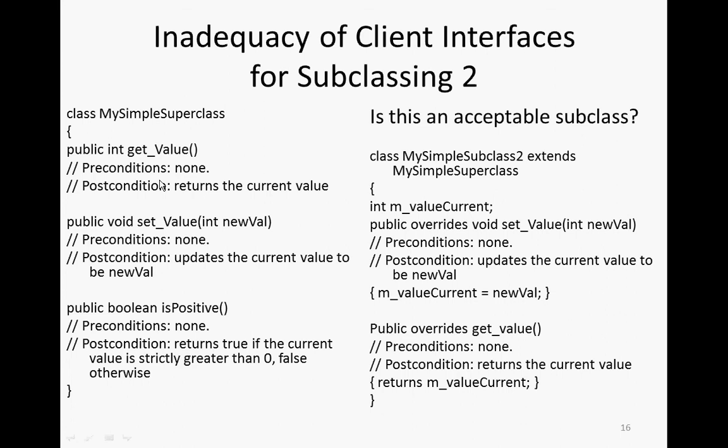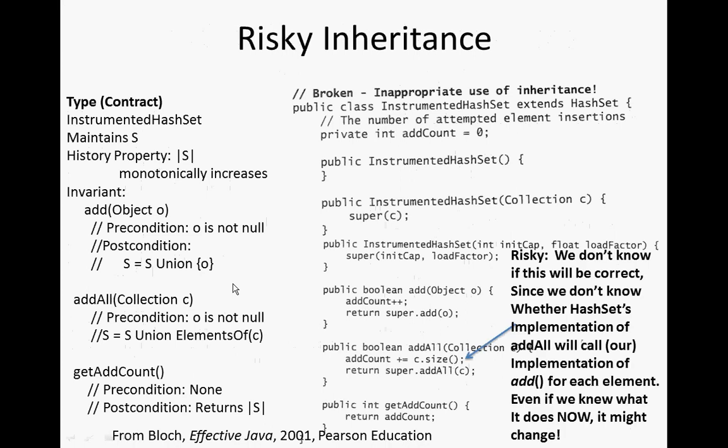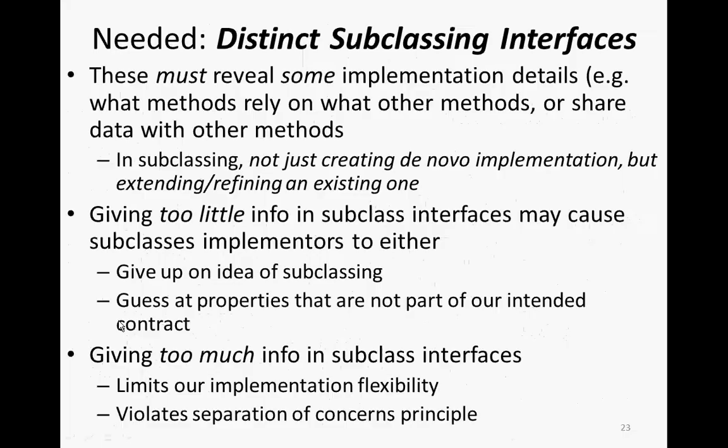Maybe right now it does, but later it won't. Similarly for this one here, maybe right now add all does not call add, but maybe in the future it will. If you want to insulate yourself from that change, you want to know what you can count on about this superclass, about what calls what. So a subclass interface does that, and this is an example of one.